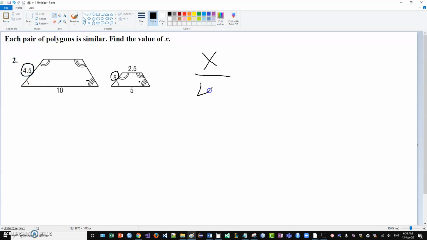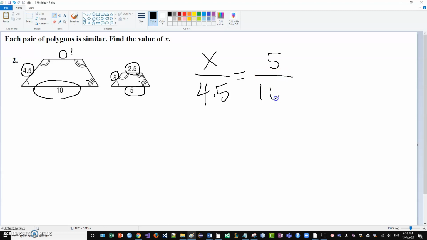So x over 4.5 equals, now this large base corresponds to this large base. We cannot select this because this is unknown, so we have to select two given corresponding sides. So x over 4.5 equals 5 over 10.